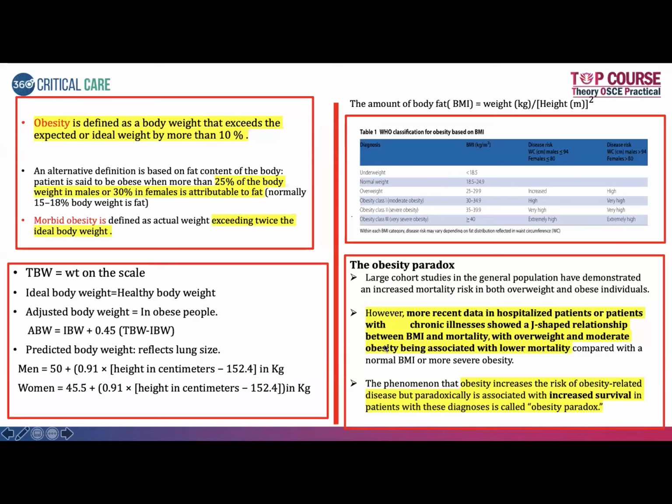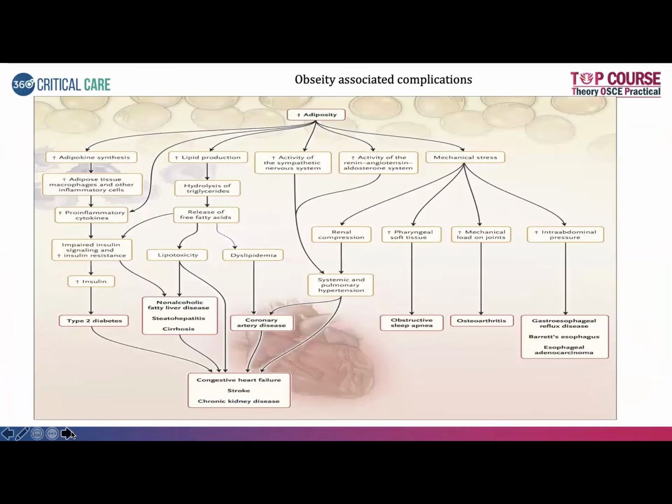So overweight and moderate obesity have been associated with lower mortality. This J-shaped relationship between BMI and mortality is known as obesity paradox. We initially thought obesity increases the risk of mortality, but paradoxically, it is associated with increased survival. That is known as obesity paradox.